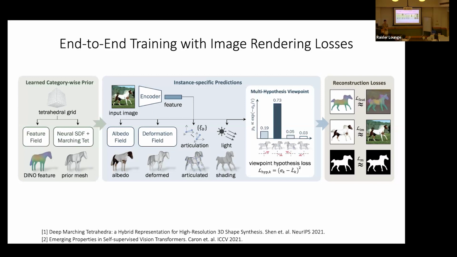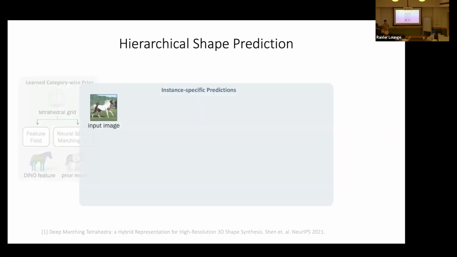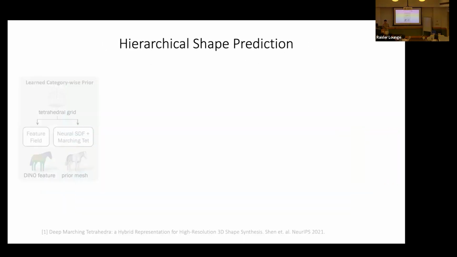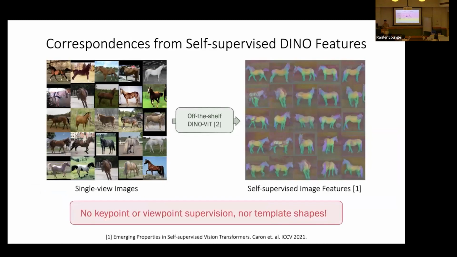No, it does not. The DINO feature is cool in that it captures semantic correspondences, but it doesn't really give you geometric correspondence. It doesn't differentiate between different legs. It's part-level correspondences.